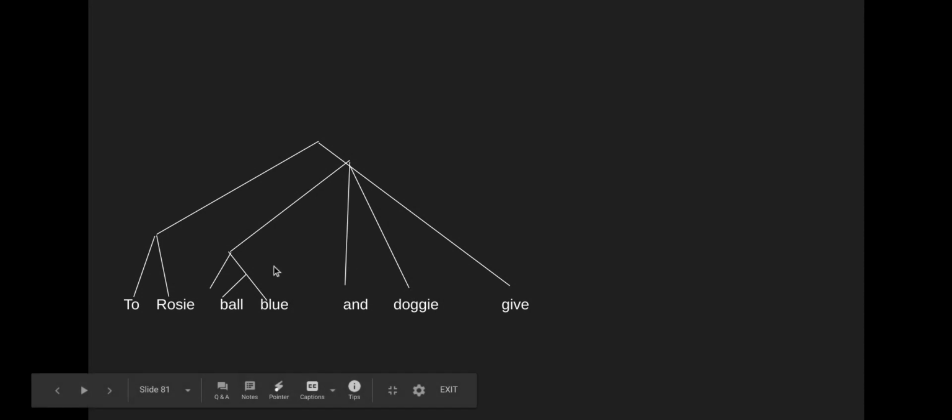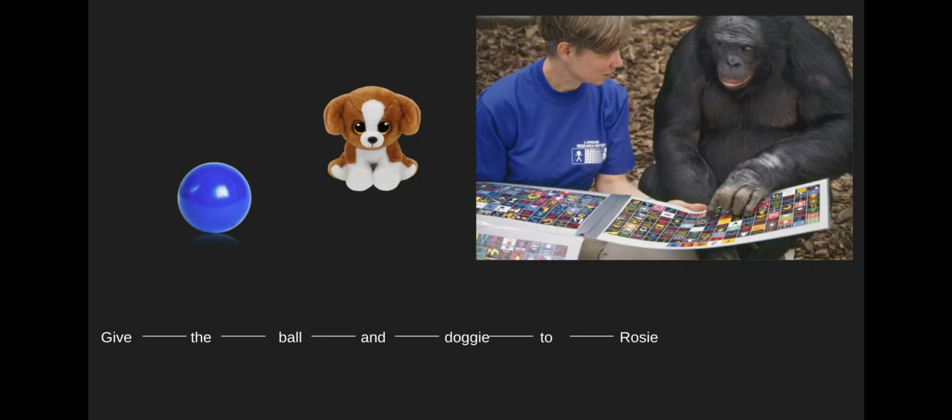This whole little chunk right here, ball, blue, and doggy, that's all going to stay the same no matter how you spin this stuff around, which helps to explain why no matter what language you speak, if I give you a sentence like "give the blue ball and the doggy to Rosie," well, gosh darn it, you know that the blue ball and doggy all go together. You can't break that apart. Whatever happens to the blue ball is happening to the doggy as well. They're a chunk, and you just can't break that chunk up.